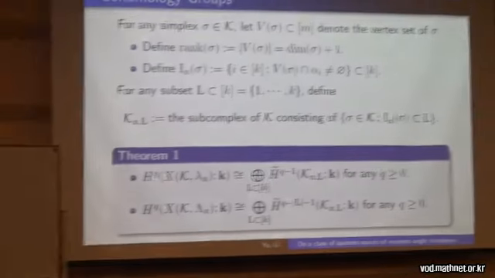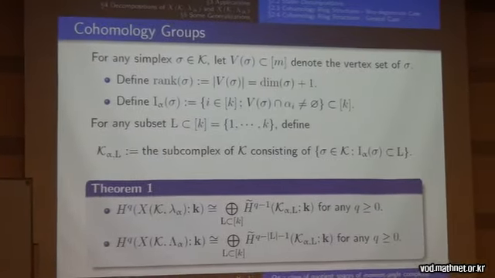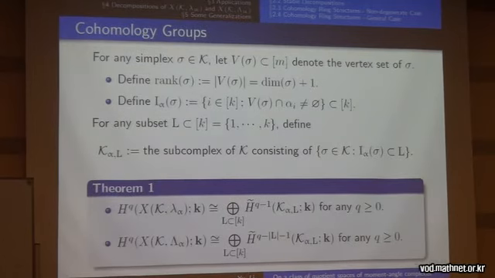Now we can say something about the cohomology groups of such spaces. For any simplex sigma, let's define some notation. We define rank sigma as the number of vertices of sigma, which equals the dimension of sigma plus 1. And we define I_alpha(sigma) to be the set of indices i in [k] such that V_sigma, the vertex set of sigma, intersects alpha_i non-trivially.